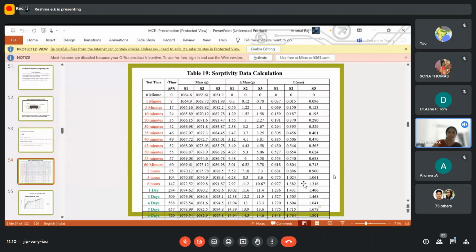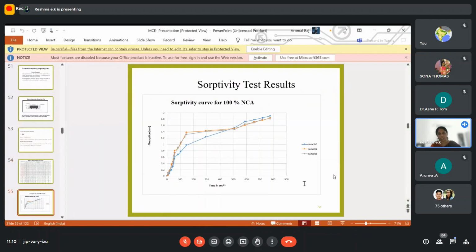Here the test time is from 1 minute to 7 days. Whatever red mark I have given represents primary absorption, and the remaining 1 day to 7 days represent secondary absorption. When I'm talking about sorptivity, we measure it in terms of primary absorption and secondary absorption.